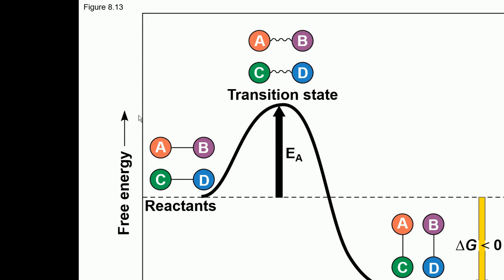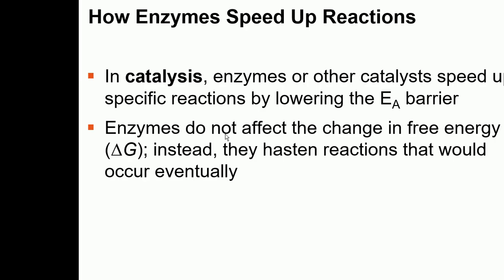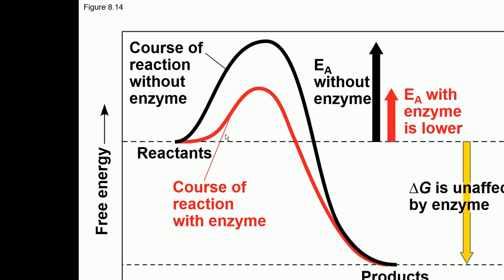In this state, their old bonds will be broken, and then the new bonds will be formed. To reach this transition state, the reactants need an input of energy, and that energy is called activation energy. The function of the enzyme is to lower the activation energy.